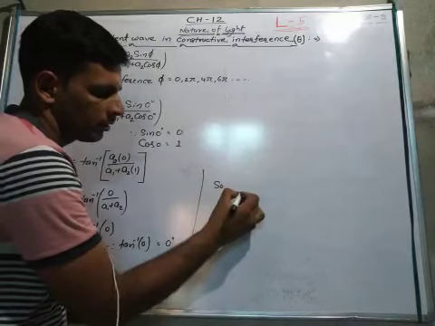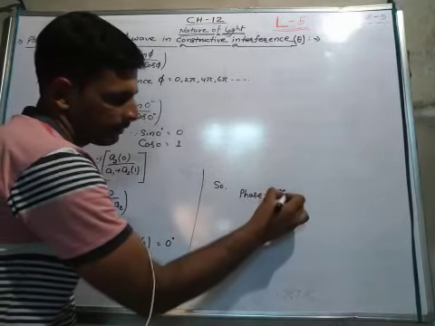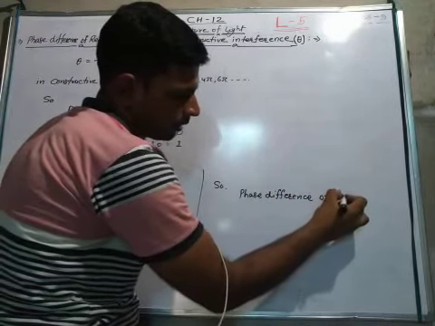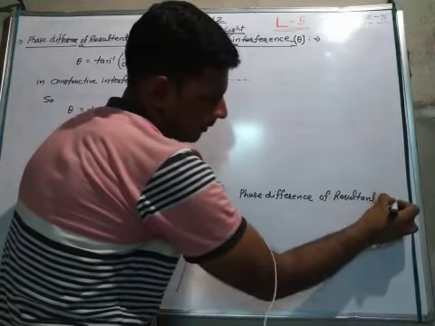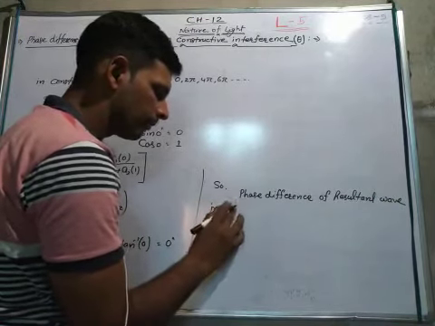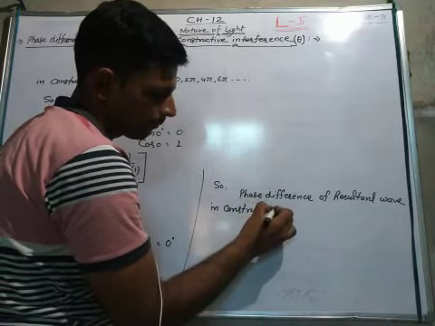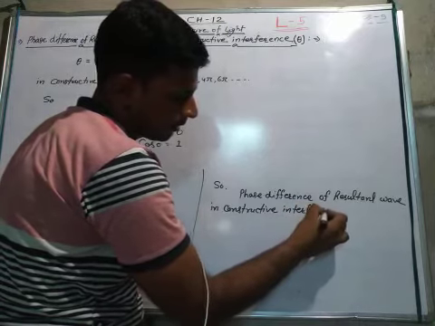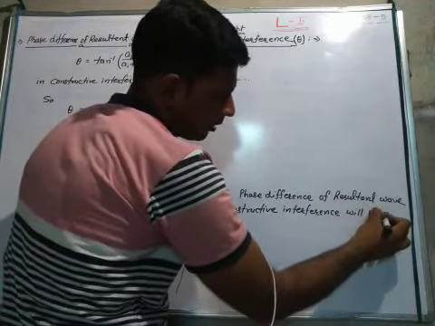So the phase difference of the resultant wave in constructive interference will be 0.